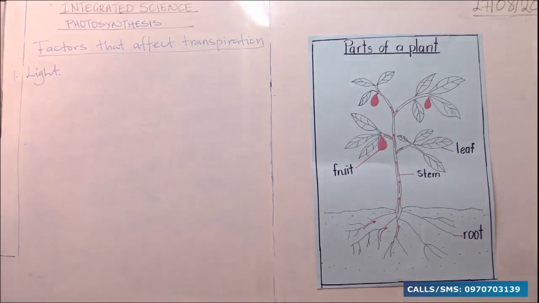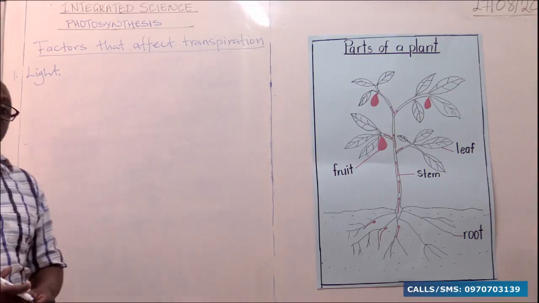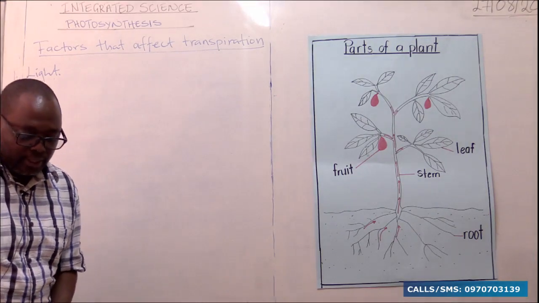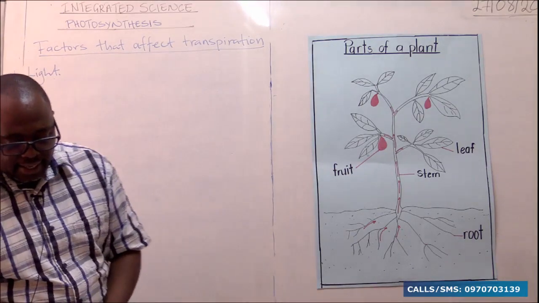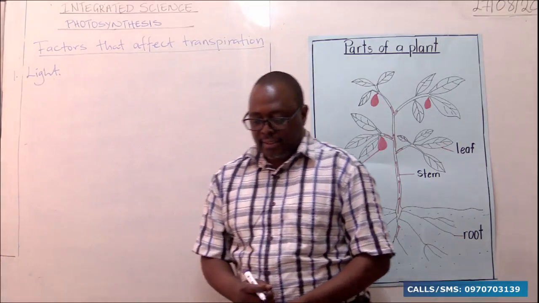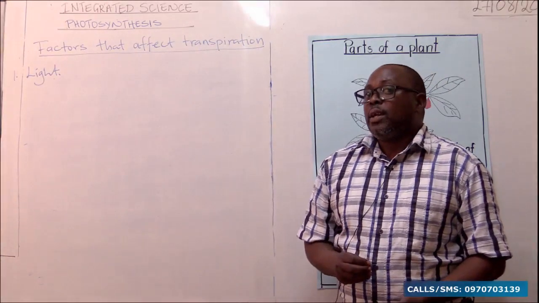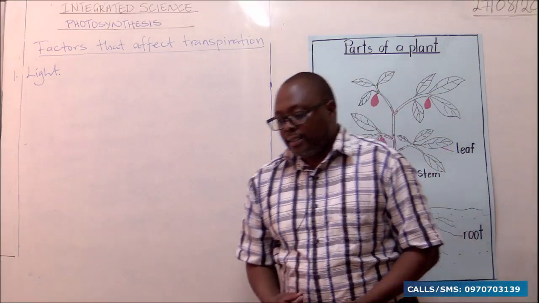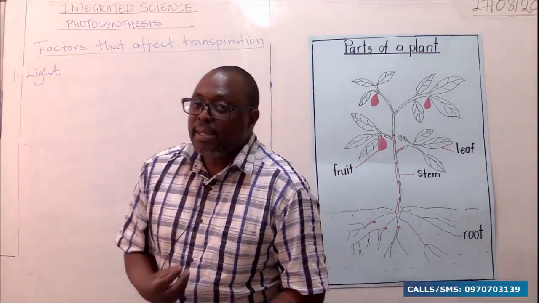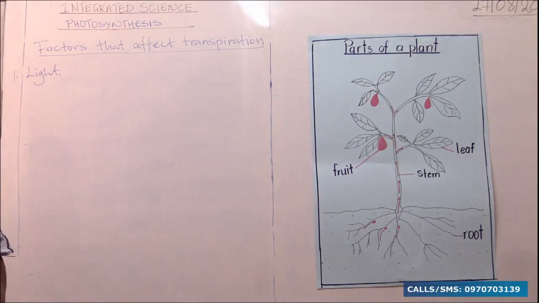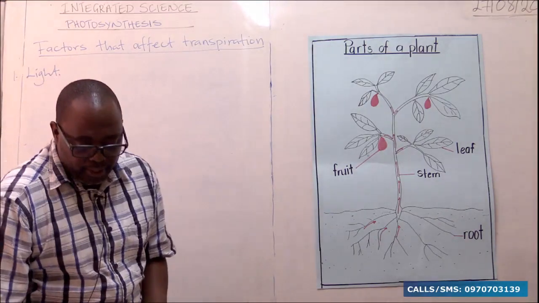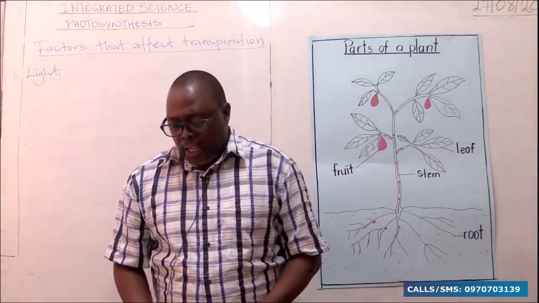how does light affect transpiration? So light can speed up and it can also slow down transpiration. Transpiration happens faster in light than in darkness. It means that if there is enough light, transpiration will be fast; if light is less, transpiration will be very, very slow.